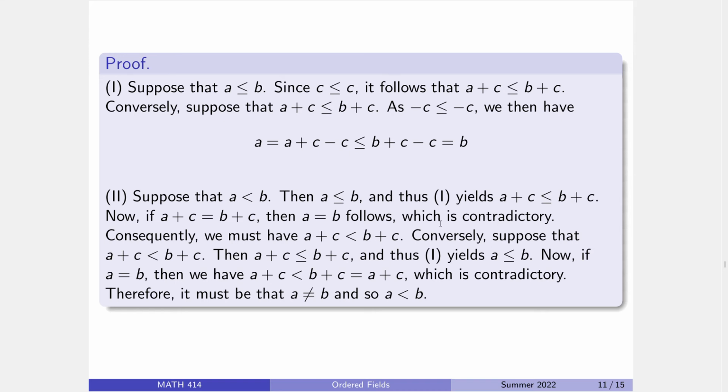But in this case, the contradiction we derive here is that A plus C is strictly less than A plus C. And so again, like I said, in the ordered set video, you'll be shocked how often you actually use that fact that nothing is strictly less than itself.